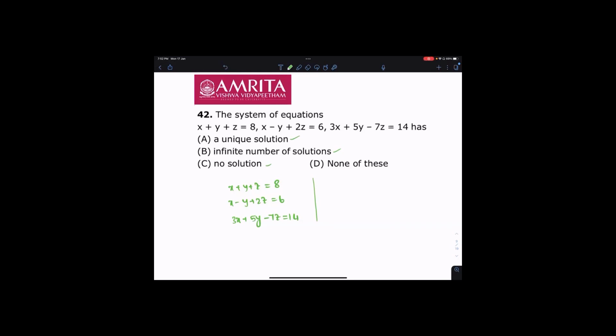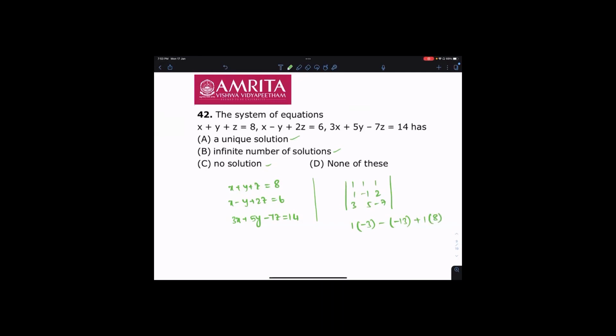Now delta you find: 1, 1, 1; 1, minus 1, 2; 3, 5, minus 7. It will be 1 into (7 minus 10), minus 1 into (minus 7 minus 6), plus 1 into (5 plus 3).